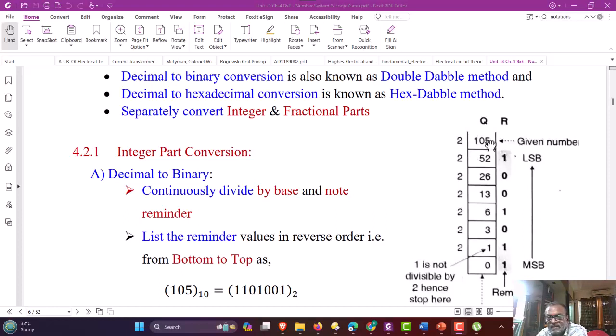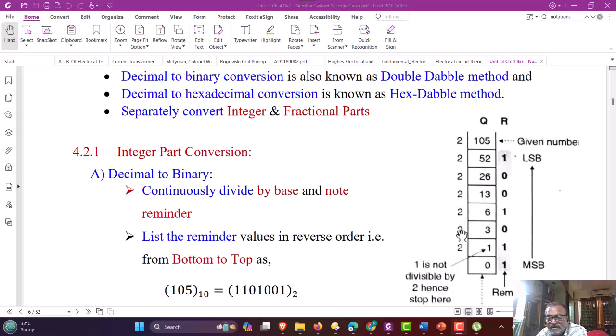First time divide by 2. You get quotient 52 and remainder 1. Then divide 52 again by 2. You get quotient 26, remainder 0. Then 26 is divided by 2 again. You get quotient 13, remainder 0. Then 13 is divided by 2. You get quotient 6, remainder 1.